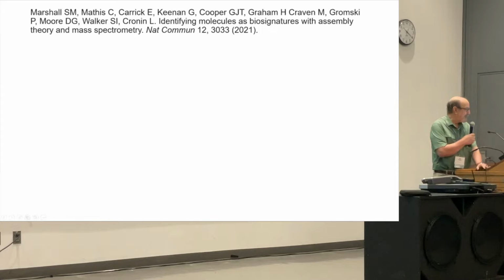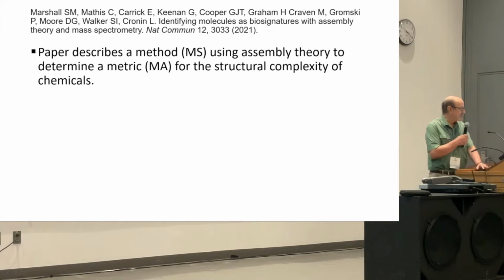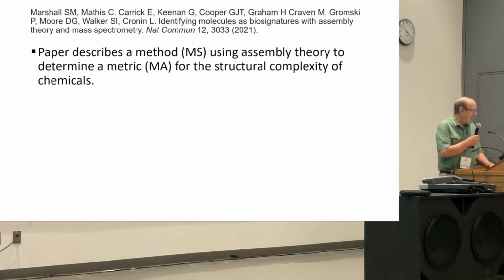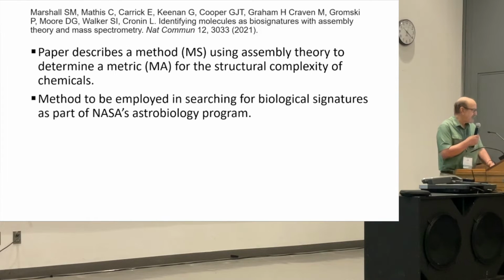And this is the paper that I'm going to talk about. It's in Nature Communications, published in 2021. It says nothing in this paper about abiogenesis or how any of the data relates to abiogenesis. What it does do is describe a method using mass spectroscopy and also using assembly theory to determine a special metric, which they call the MA, for the structural complexity of chemicals.